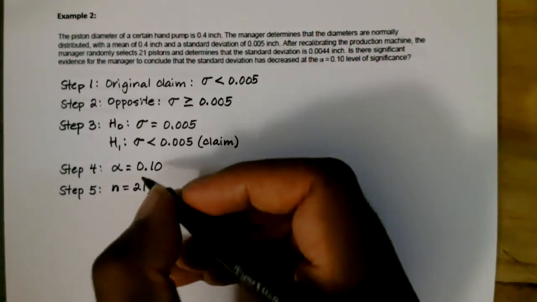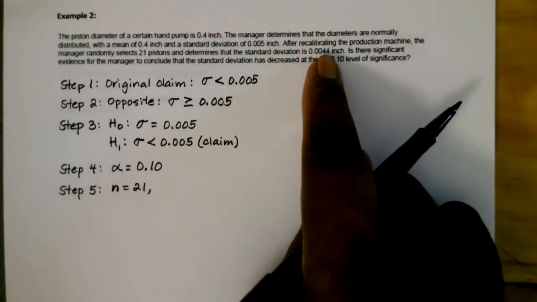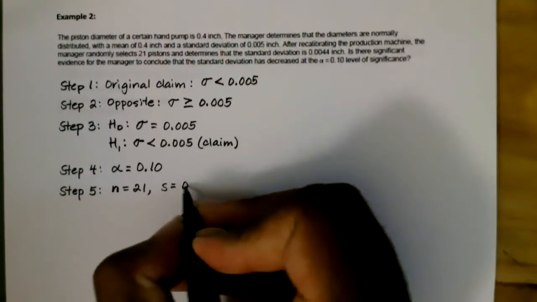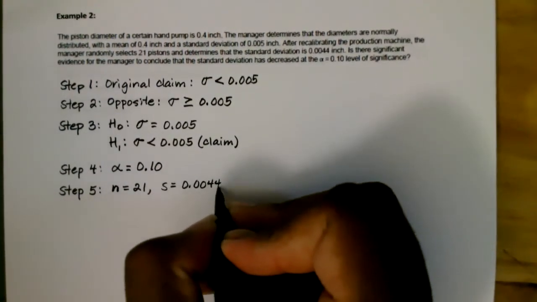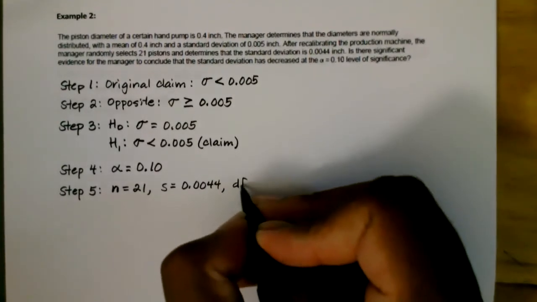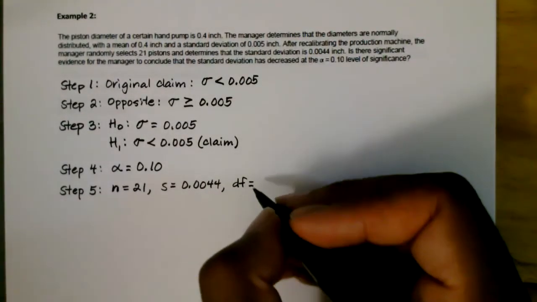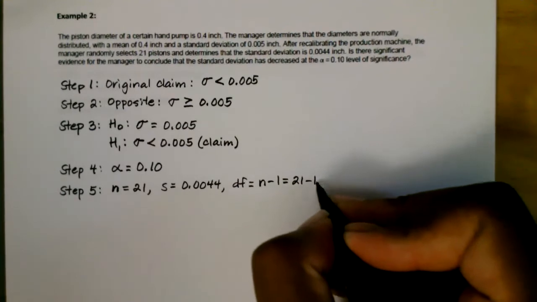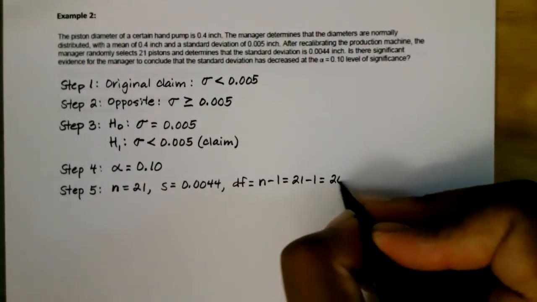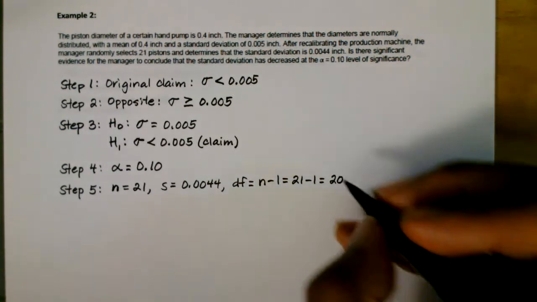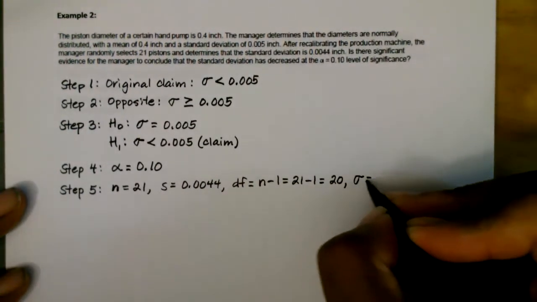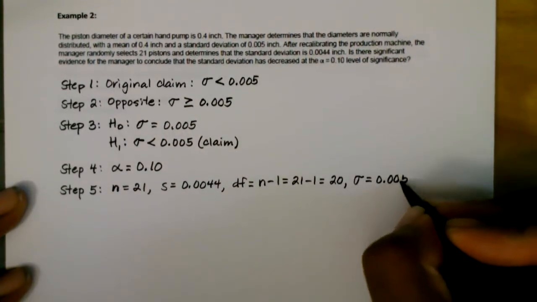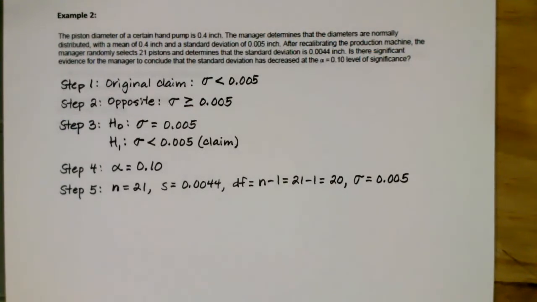We also know the standard deviation of those 21 pistons, 0.0044 inch. I'm also going to find my degrees of freedom, which is N minus 1. N is 21, so if I subtract 1 from 21, I get 20 degrees of freedom. And my sigma is going to be from the null hypothesis, the population standard deviation, 0.005.